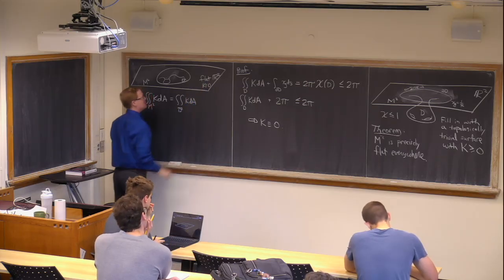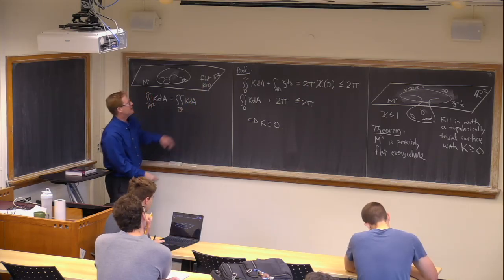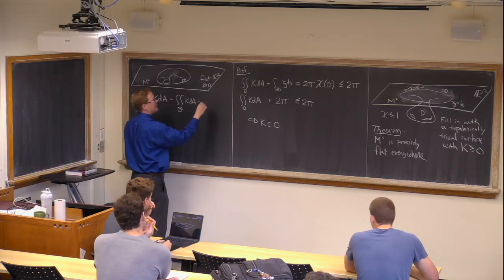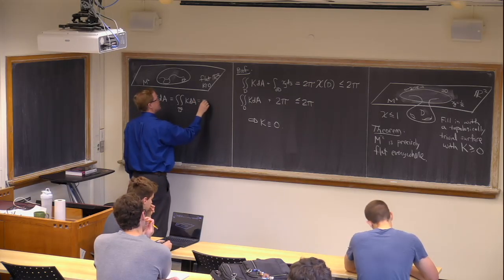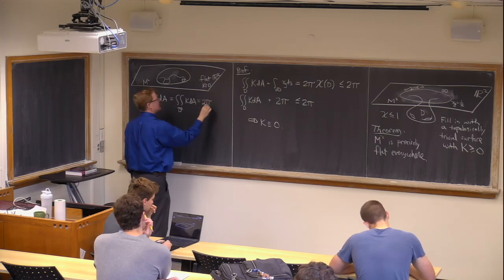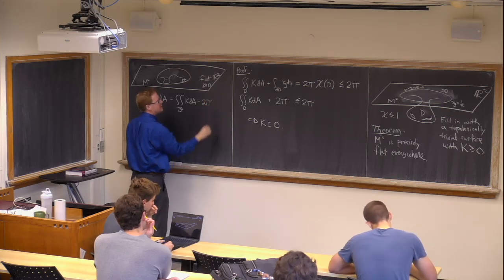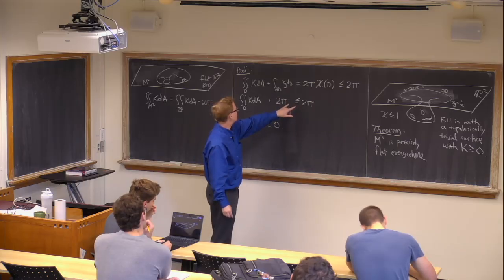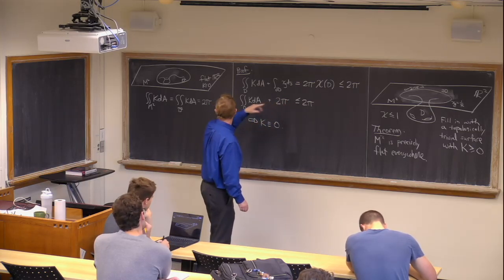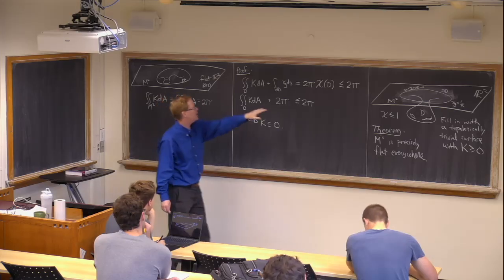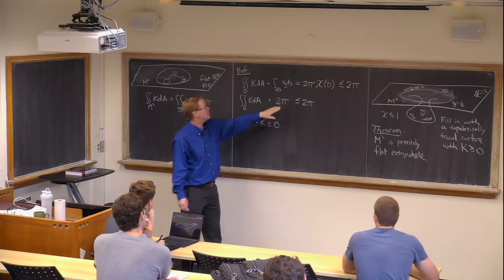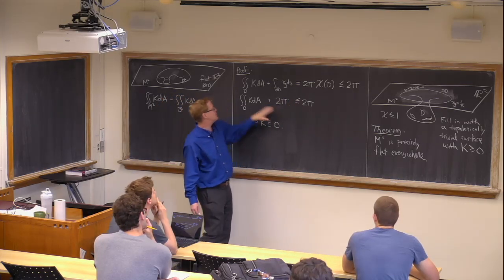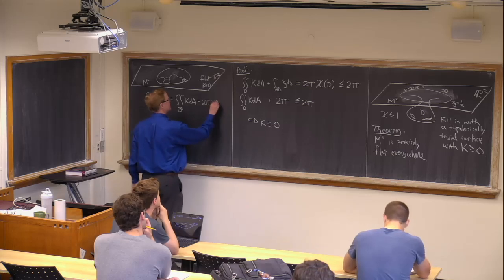By the Gauss-Bonnet theorem, let's suppose everything's topologically trivial again. This is going to be 2 pi minus 2 pi, because we have equality here. It's going to be 0.